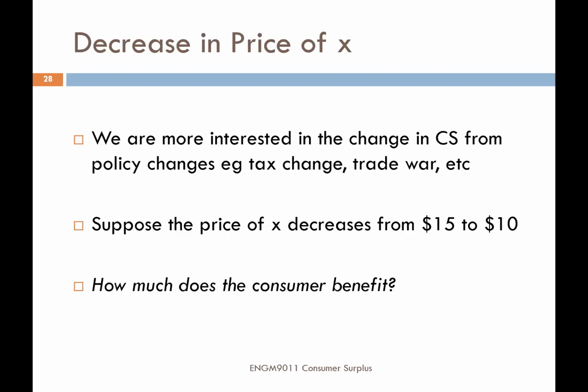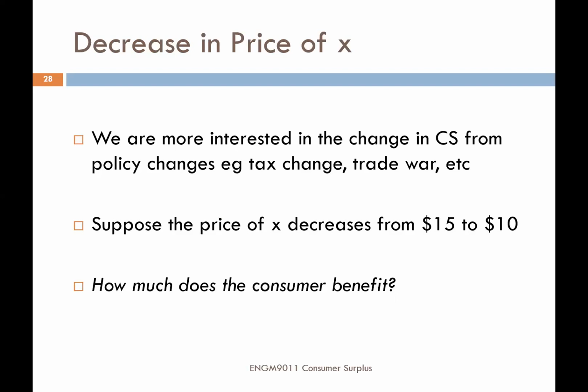So perhaps stainless steel washing machines and so on and so forth, anything that uses steel will go up in price. Right. So what we're going to do is say, okay, the change in policy has changed the price and therefore changed quantity demanded. How has that changed consumer surplus? So we're interested in looking at the change in consumer surplus.